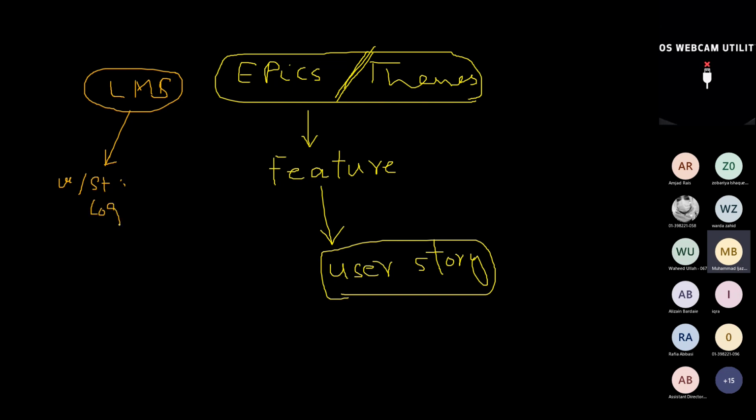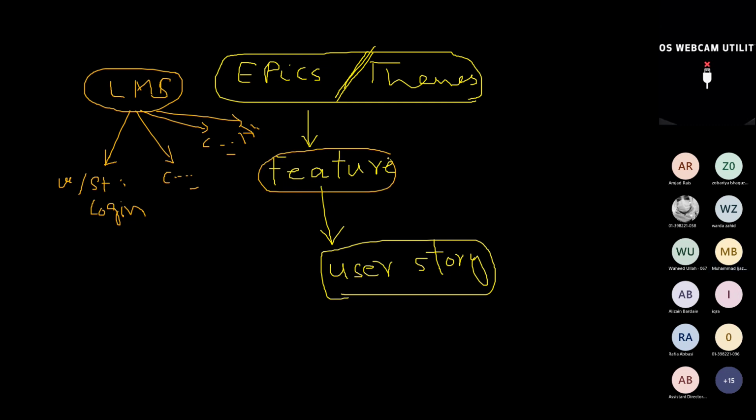This is one feature. Then courses allocation for teachers, then courses registration for students, then attendance. So all these are features. Is it clear? Our system should have all these features.